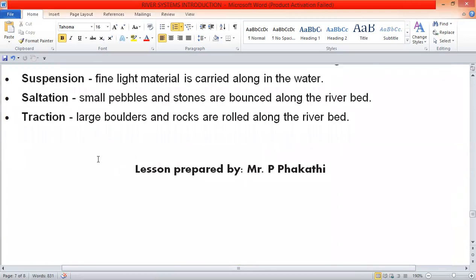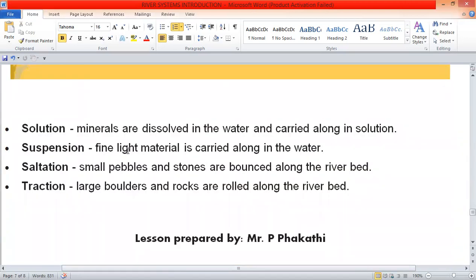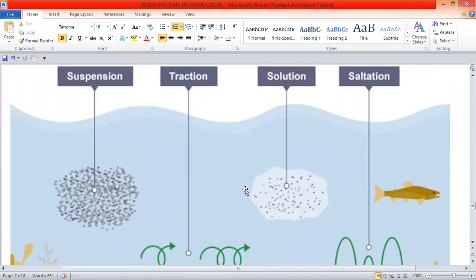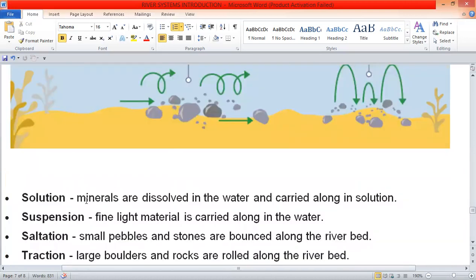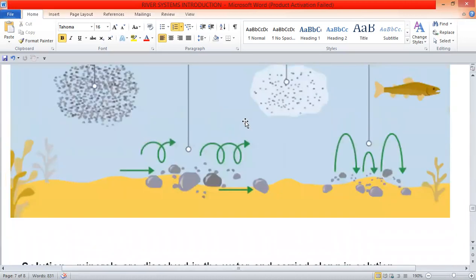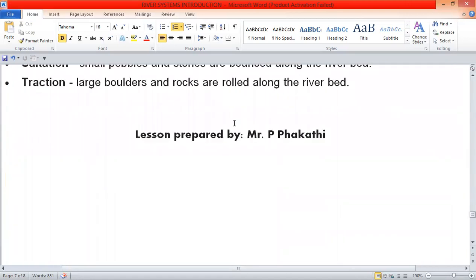Fine light material is carried along in the water. It floats on the surface. But then solution is when minerals that dissolve in water are carried as what? As solution. So these are the 4 processes through which a river can transport its load.